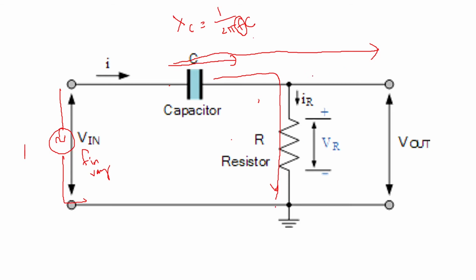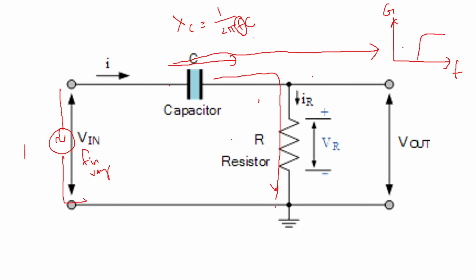Now, the high frequencies which are going to pass also depend on a cutoff frequency Fc, which depends on the values of C and R. If you see the graph of gain versus frequency, say the y-axis is gain and the x-axis is frequency, then you will get a graph like this.